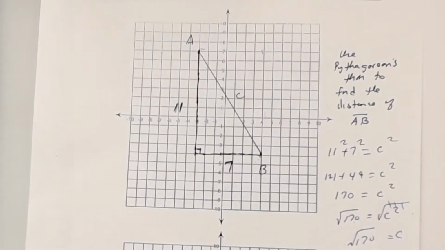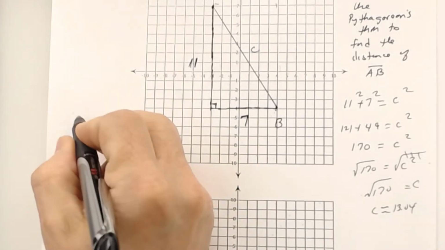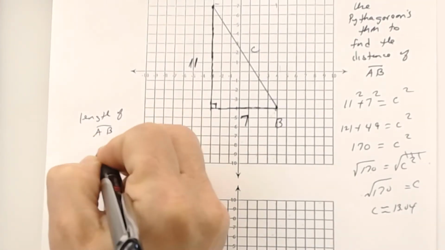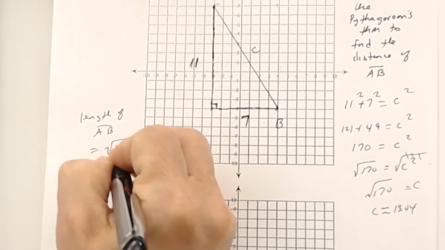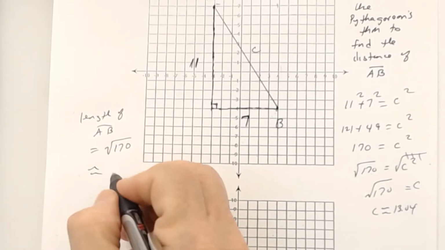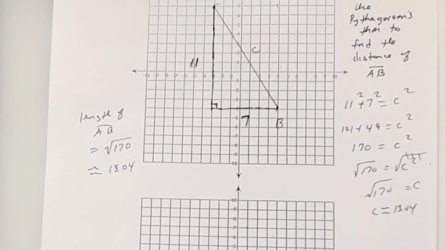So that's C. So the length of segment AB is equal to the square root of what? 170. Which is approximately equal to what? 13.04.